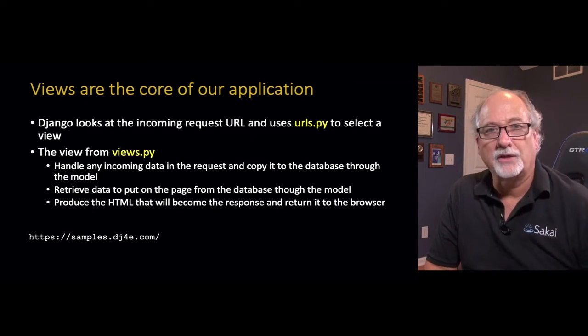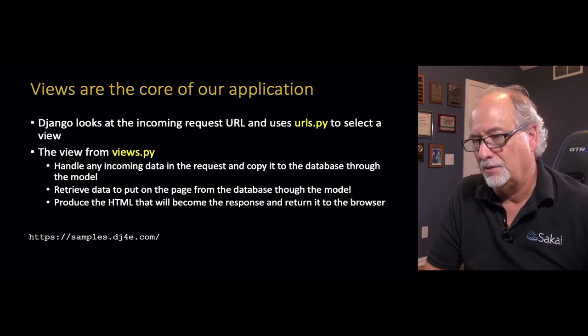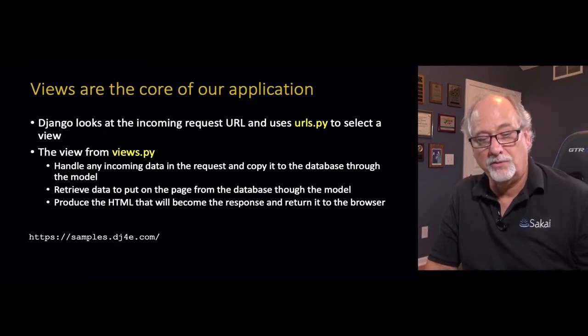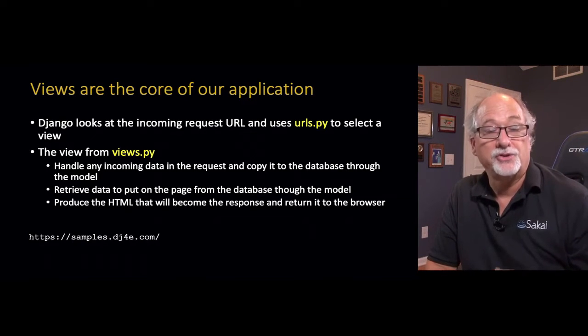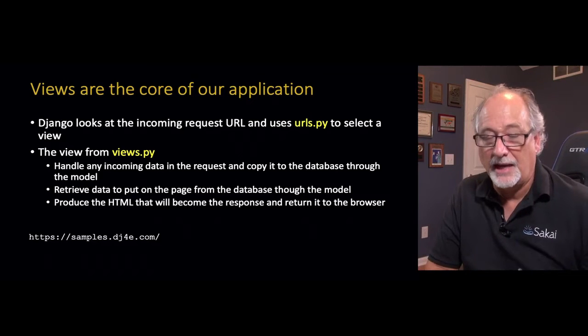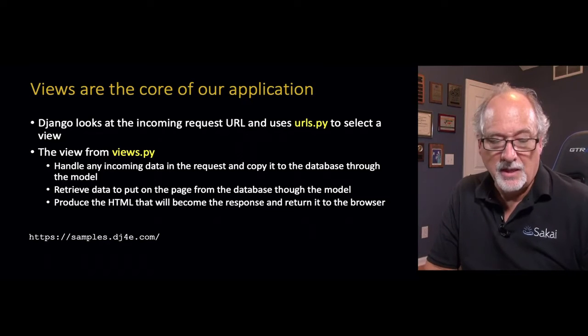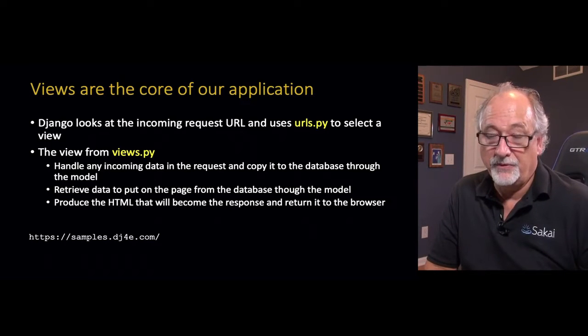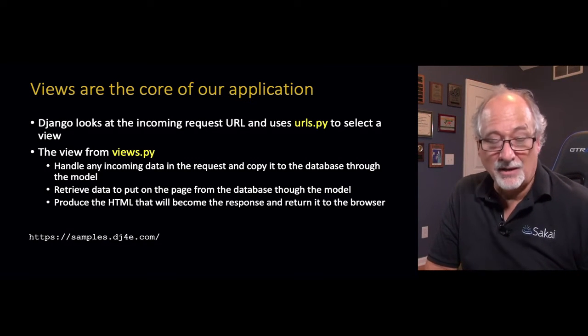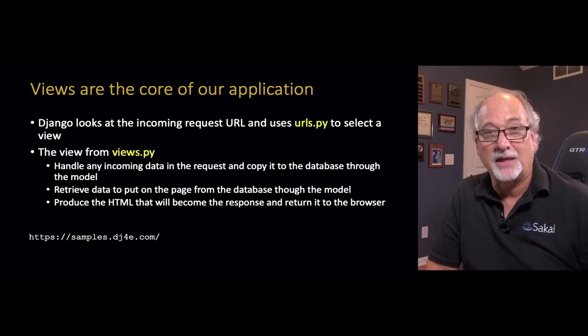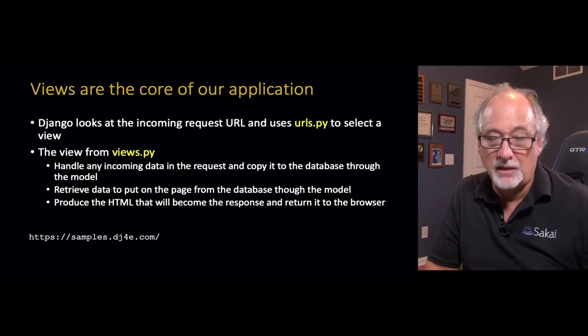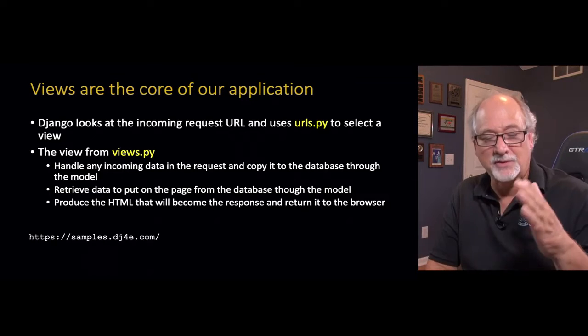So views are like the core of the application. The URLs find their way to views. Models tend to serve the needs of views, acting as a layer to allow views to write and read the database. And so views.py has a model aspect in that it handles incoming data. When we get to forms and post data, then we copy that into the database.